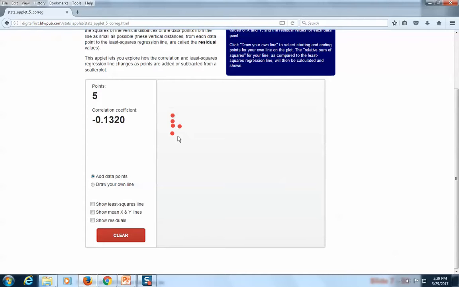We can have correlations that may be curved and still be relatively high, right? Notice how this is very clearly a curved line, and yet there we have a -0.91. This is not linear, it's curved.